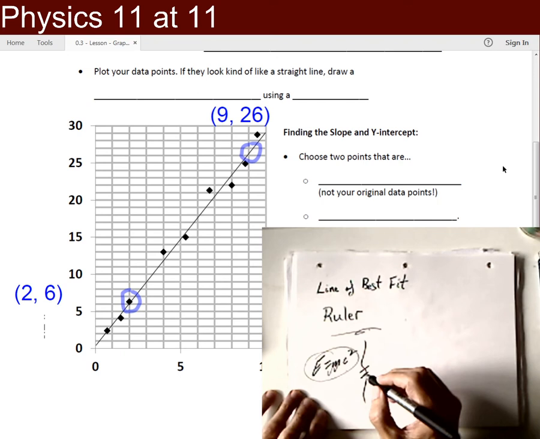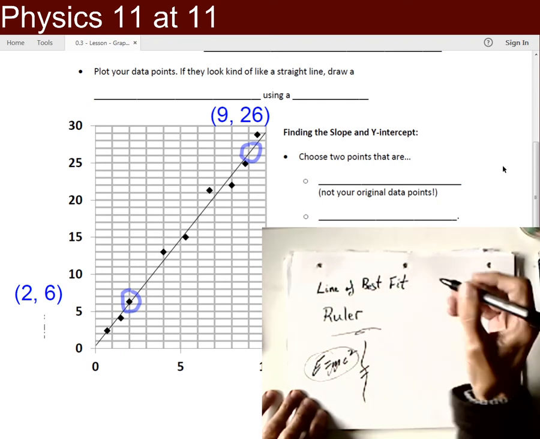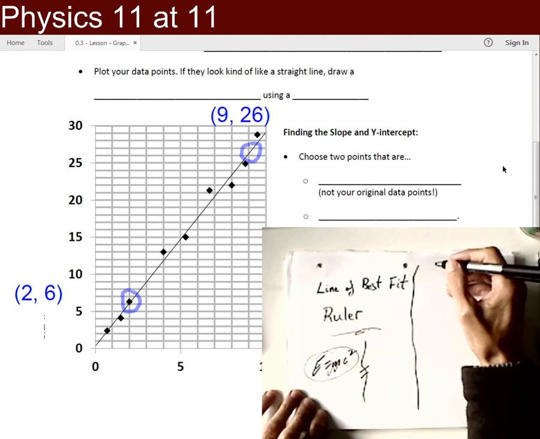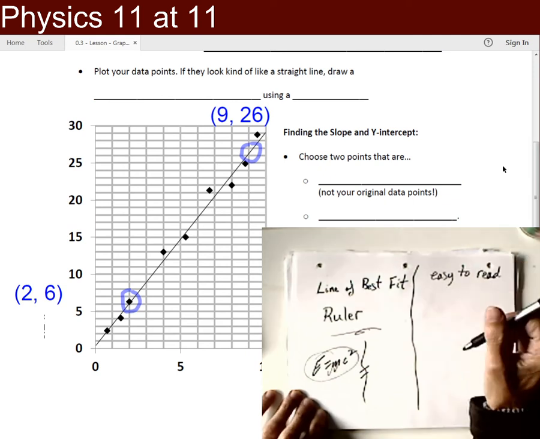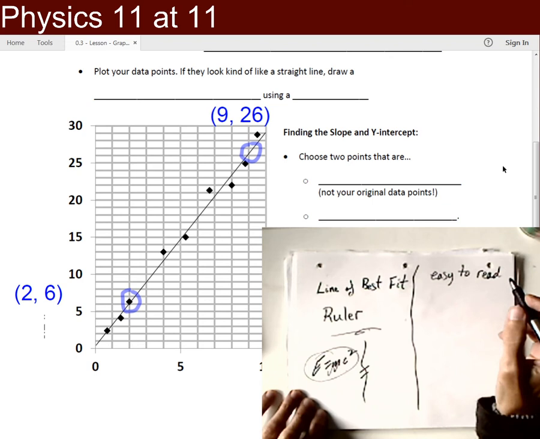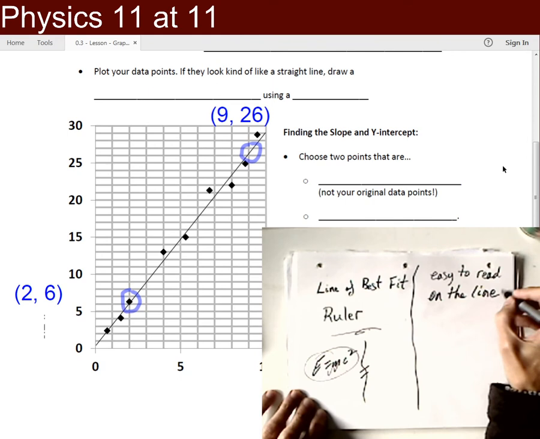So what you do is you choose 2 points that are, 1, easy to read, going through a corner if possible. And I've got a couple circled there that I considered not bad. So easy to read, on the line. Okay, you're not choosing your original data points.